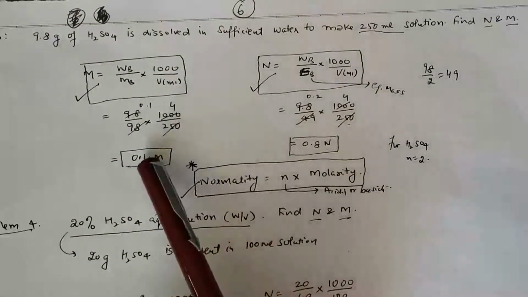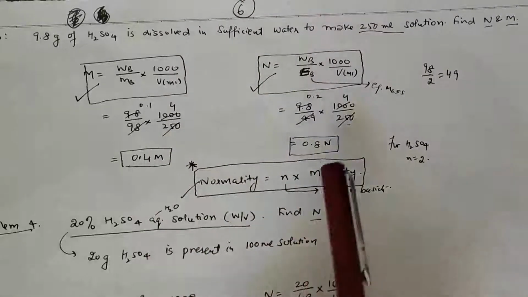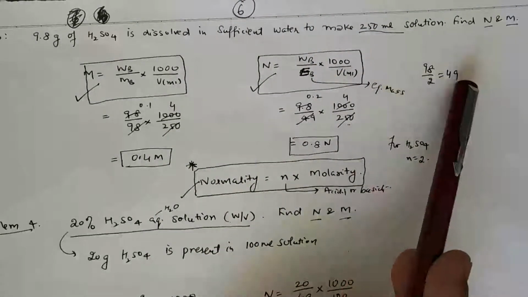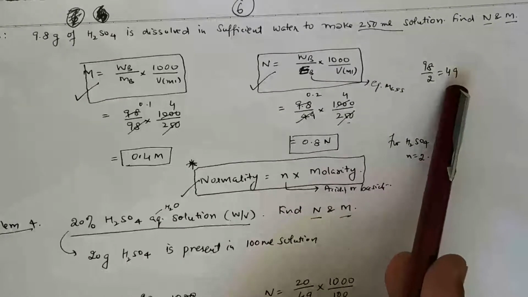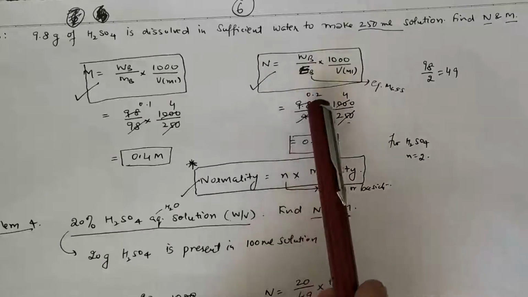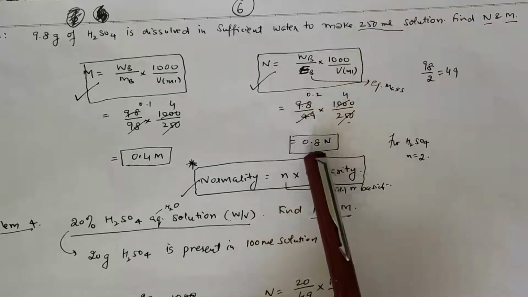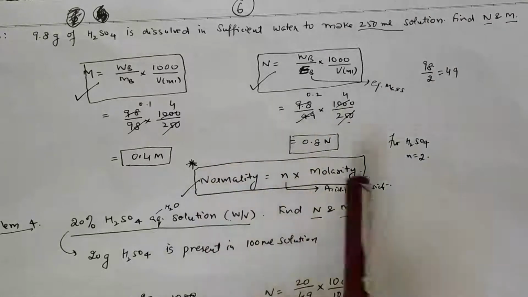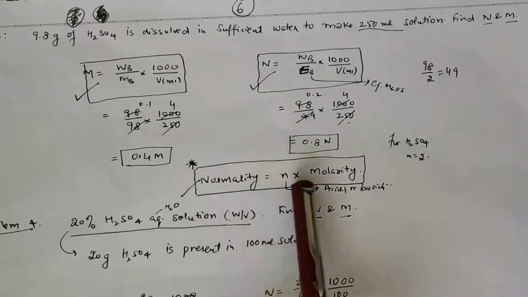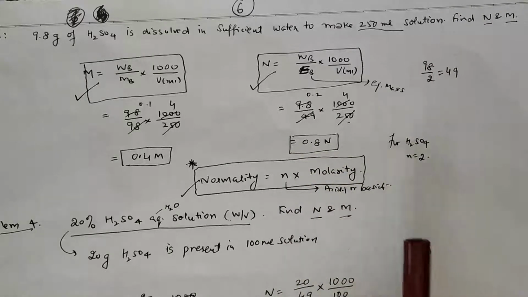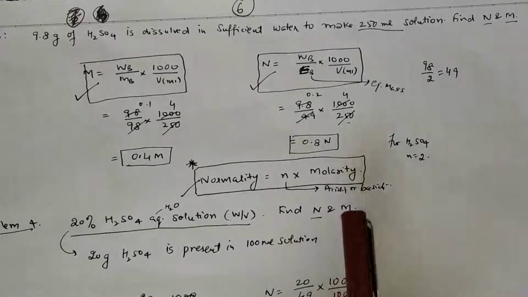Volume given is 250. You can calculate 0.4 molar easily. Now in this case we have an equivalent mass, and the equivalent mass of H2SO4 is 49 because its basicity is 2, as discussed previously. So it is 9.8 divided by 49, so it comes to 0.8. This is the relation between normality and molarity: normality equals n into molarity. n may be acidity or basicity. For an acid it will be basicity, and for a base it will be acidity.